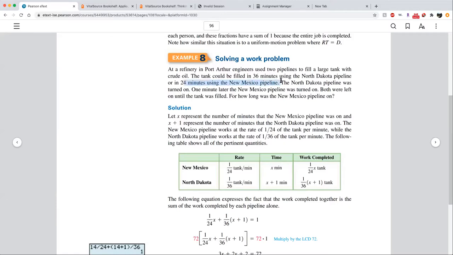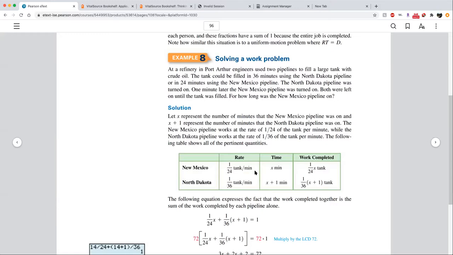So it means that 1/24 is going to be the work rate. And then North Dakota, 1/36. Why? The problem says that the tank could be filled in 36 minutes using the North Dakota pipeline. So it's going to take 36 minutes to fill the tank, which means that 1/36 must be the work rate.